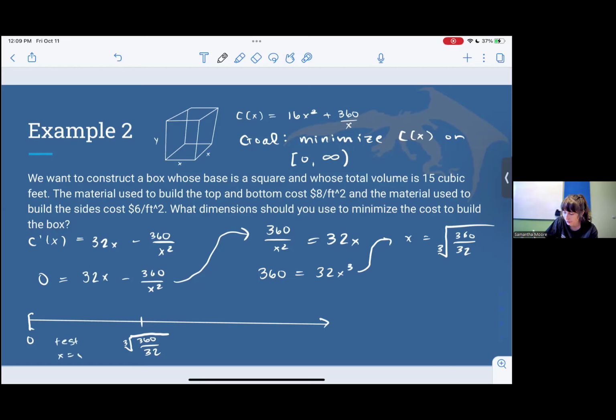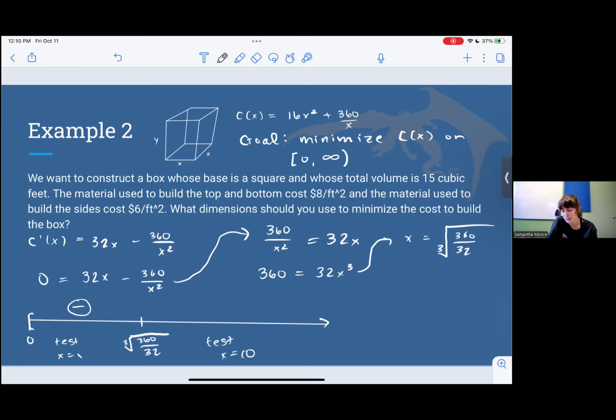And there I would have c prime equals 32 times 1 minus 360 over 1. So that's going to be negative. And then I'll test anything that's after this cube root of 360 over 32, cube root of 10-ish. Okay, so 10 would be a perfectly fine test point.